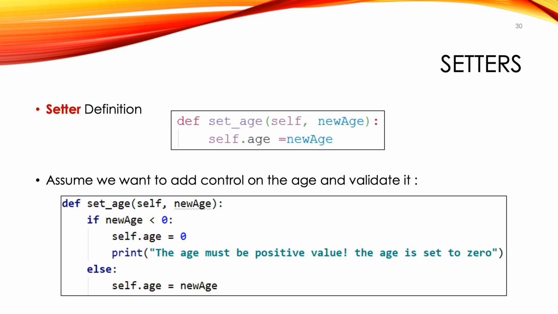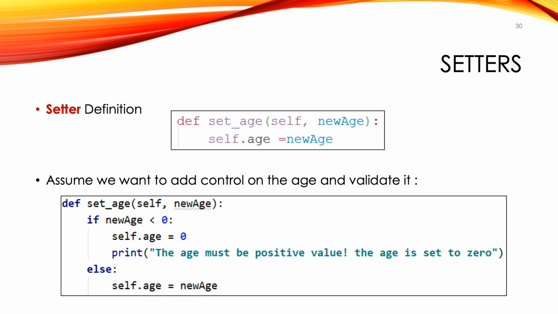For age, setAge, we have also two versions of code. The first one is the simple one without any control. However, what if I want to validate the age before updating my attribute, which makes more sense?